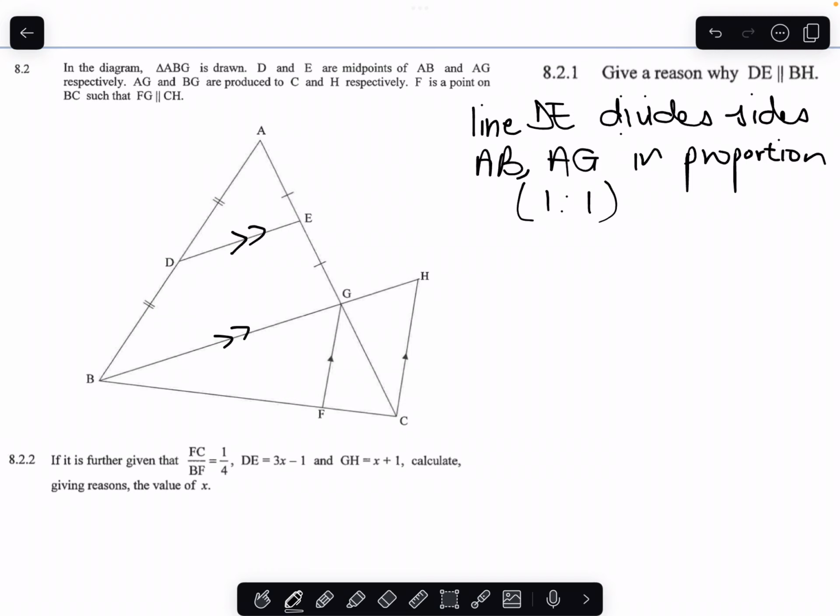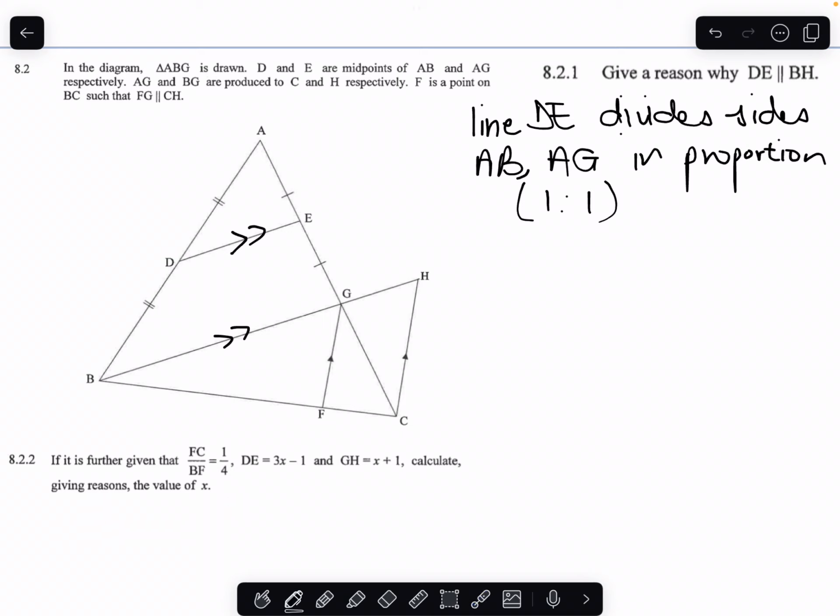The next question says, if it is further given that FC to BF is a quarter, so if this is 1, then this will be 4. If this is 2, this will be 8, and so on. DE is equal to 3x minus 1, and GH is equal to x plus 1. Calculate, giving reasons, the value of x.